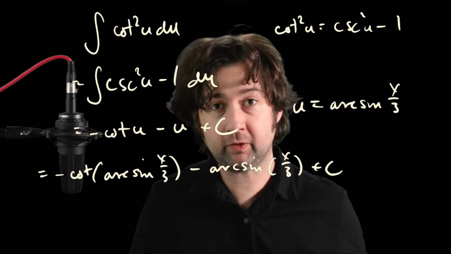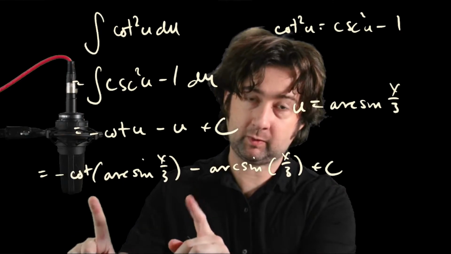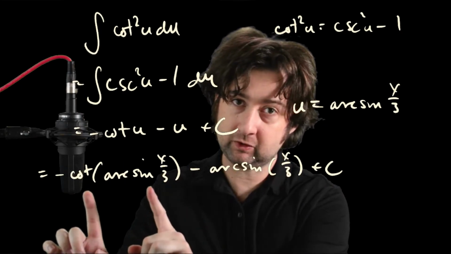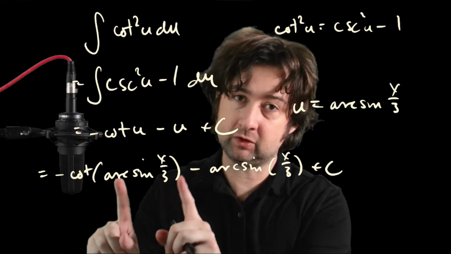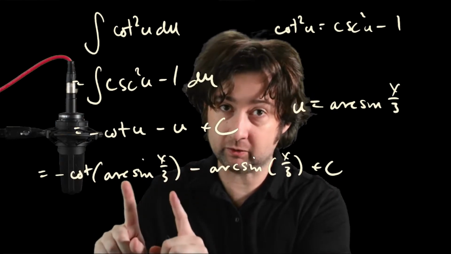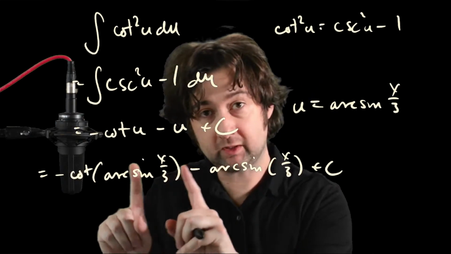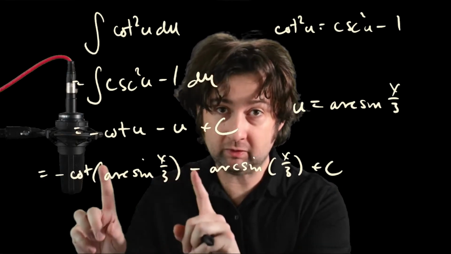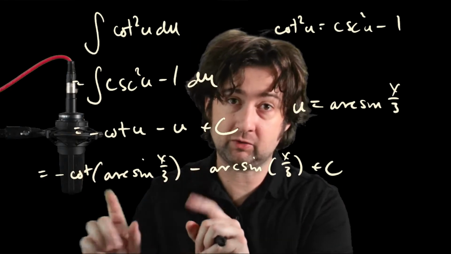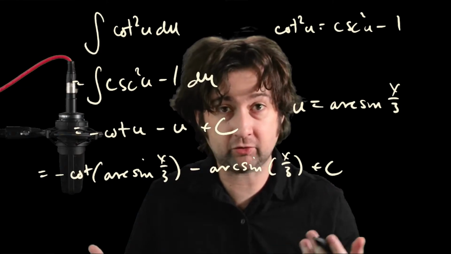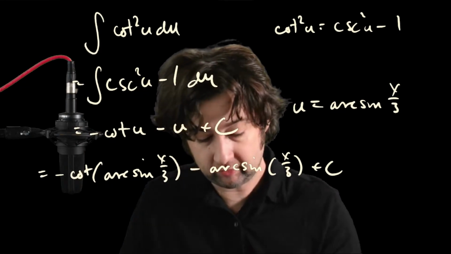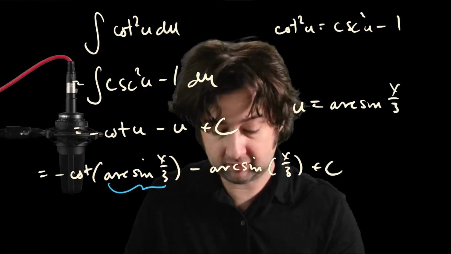And we can go one step further, because when we have expressions like this, where we have trig functions of inverse trig functions, we can use the fact that inverse trig functions produce angles of right triangles and have trigonometric relationships to compute this as a function that doesn't have any trig functions in it at all. This is called the right triangle method. So the arcsine of x over 3 is some angle theta.